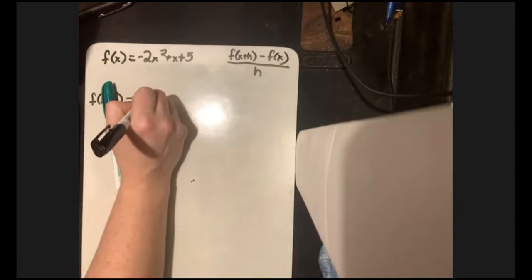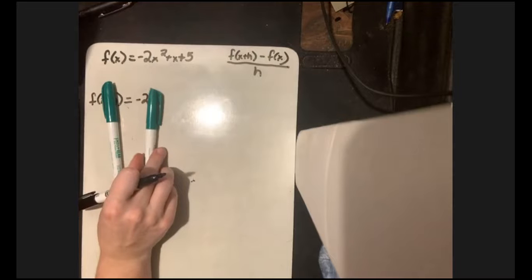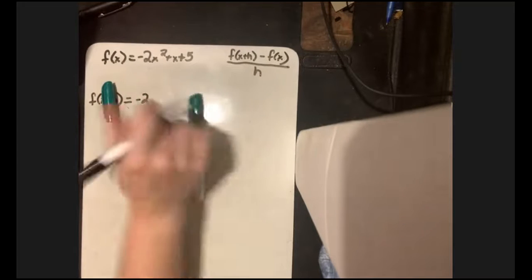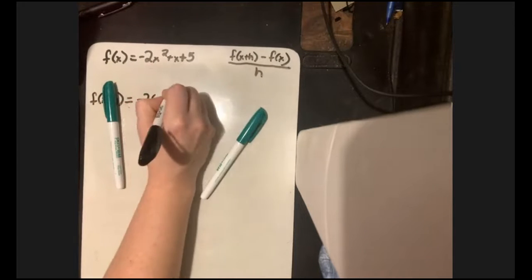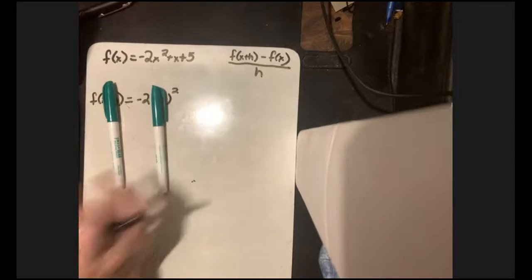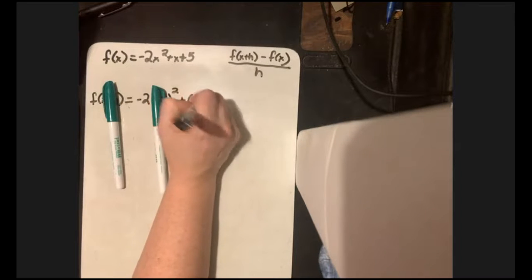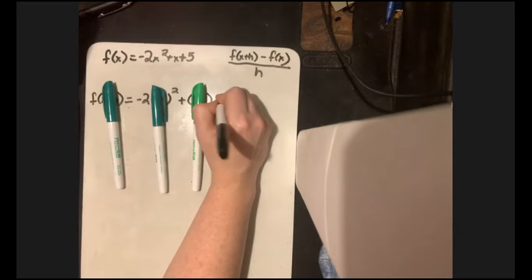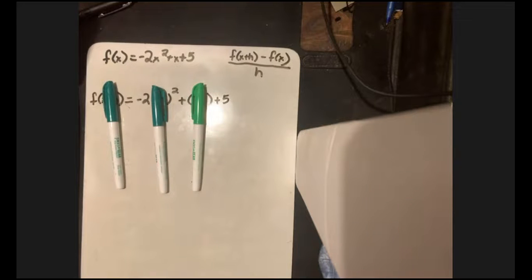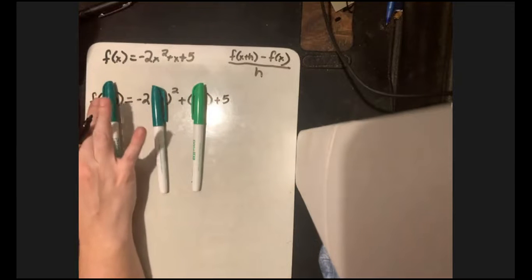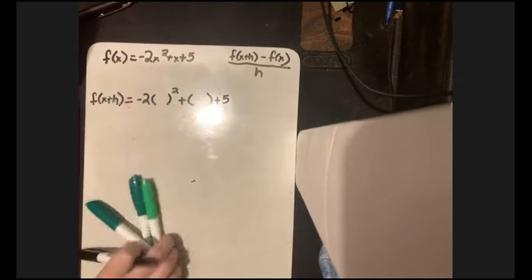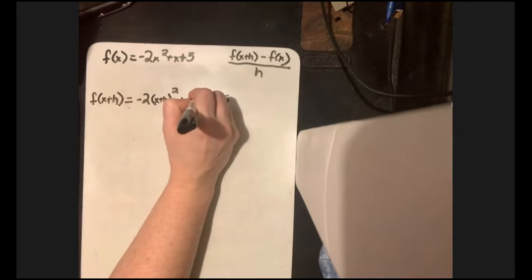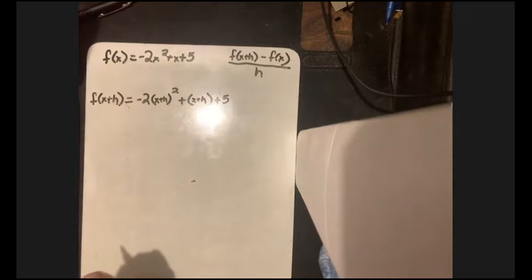This is -2 green marker squared plus green marker plus 5. Whatever's underneath this green marker, I'm putting in those two green markers. So this is going to be an x plus h and an x plus h, okay?